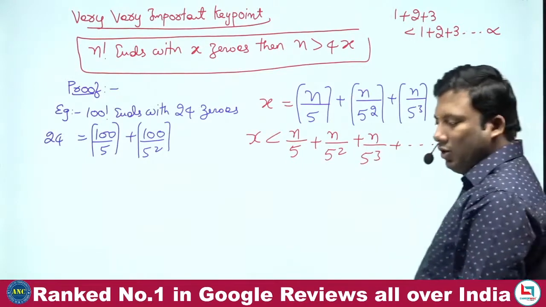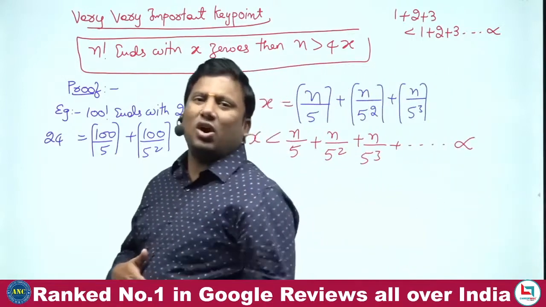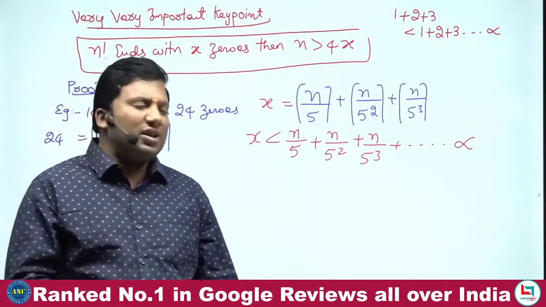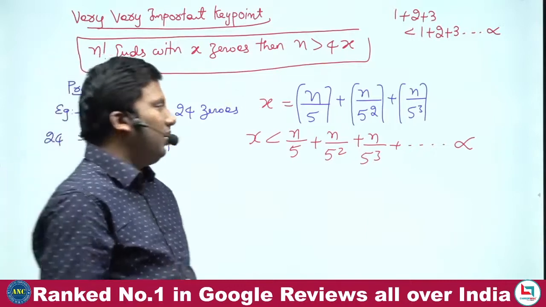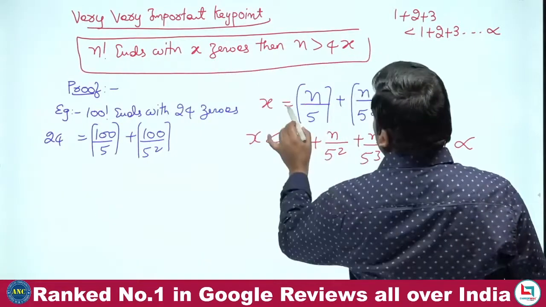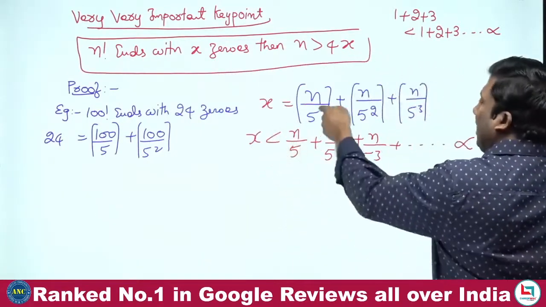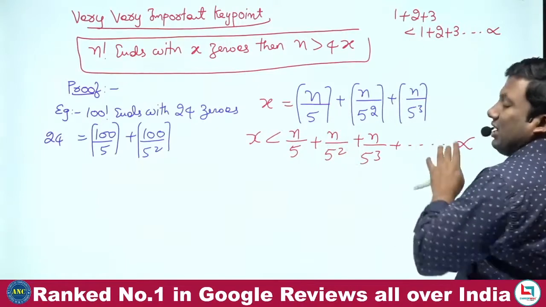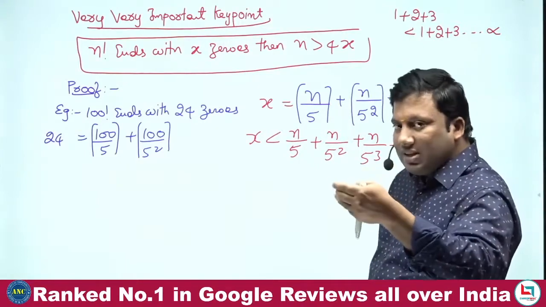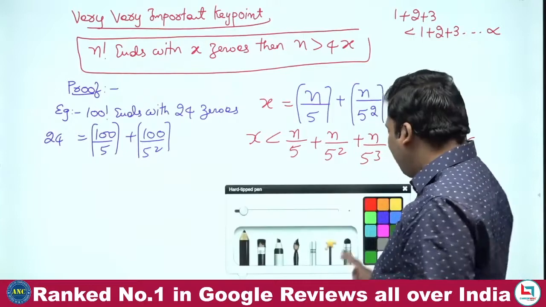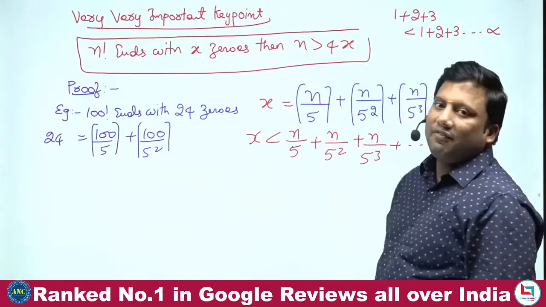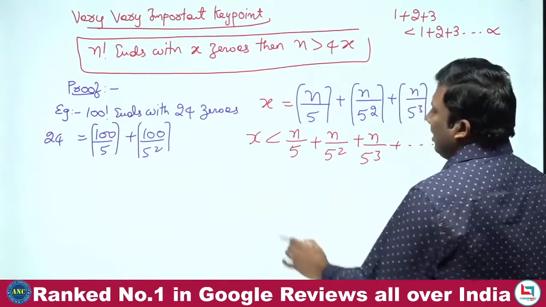A finite value, 2 plus 4 plus 6, is always less than 2 plus 4 plus 6 and so on up to countable infinite. The equivalence became less than. It is a finite series, it is an infinite series. A finite series is always less than infinite.